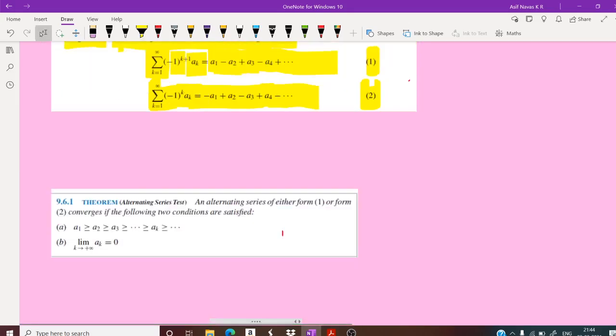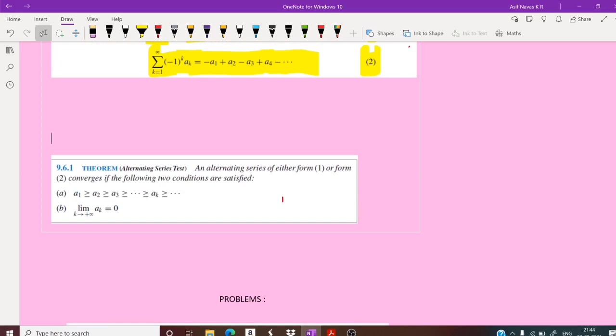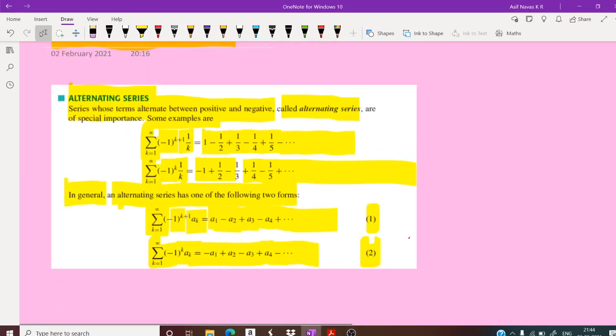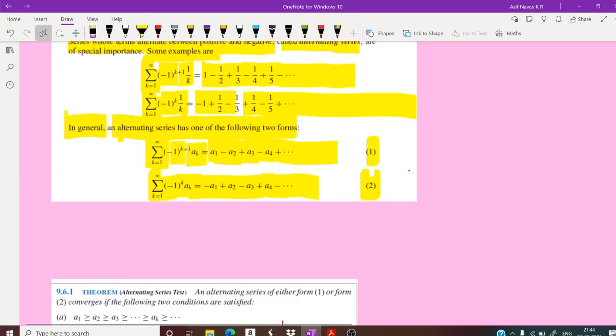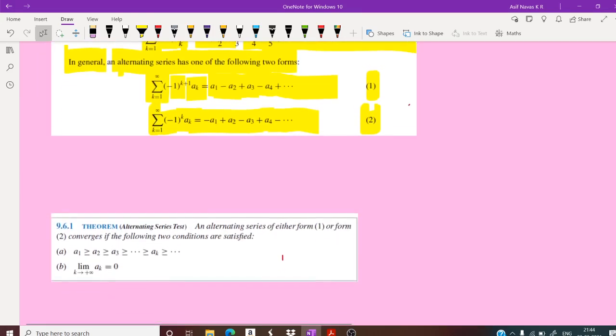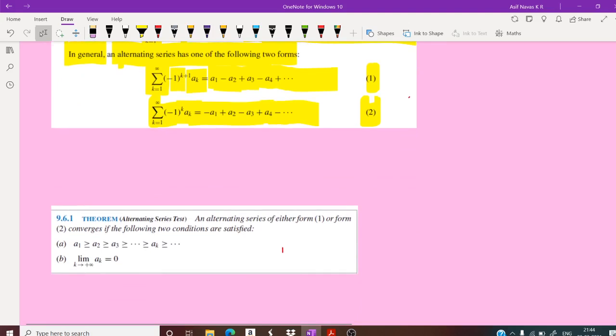So now I define what the alternating series test is. There is a test called the alternating series test, which is a useful tool for checking the convergence of alternating series.